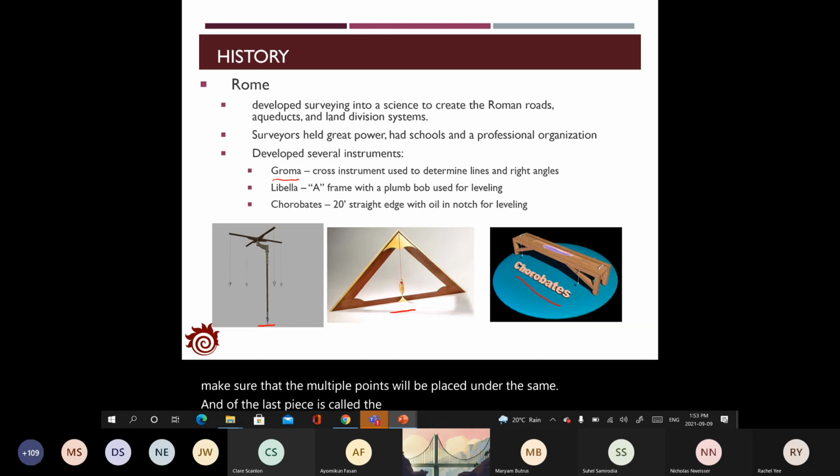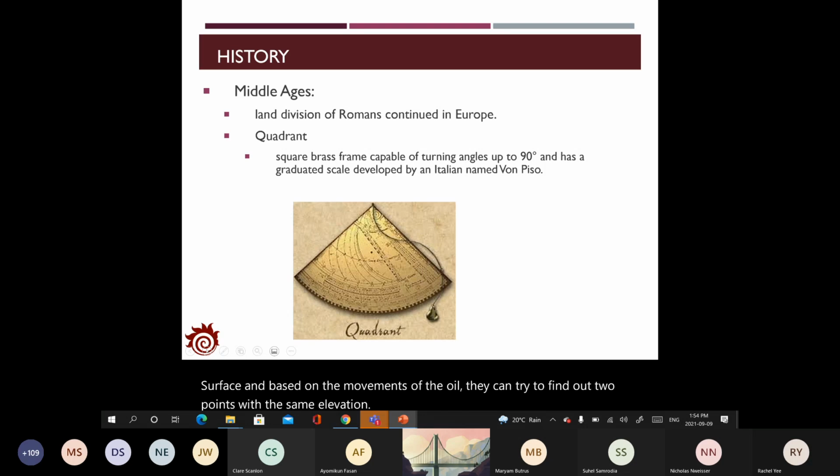It is also applied for leveling purposes, and this one has a 20-inch straight edge with some oil applied on the top surface, and based on the movements of the oil, they could find 2 points with the same elevation. So that's for the Roman Empire.